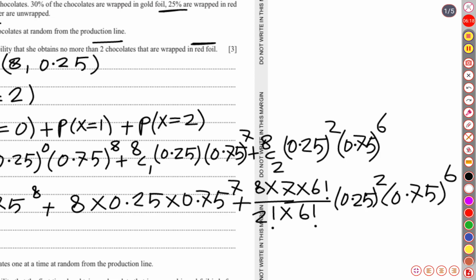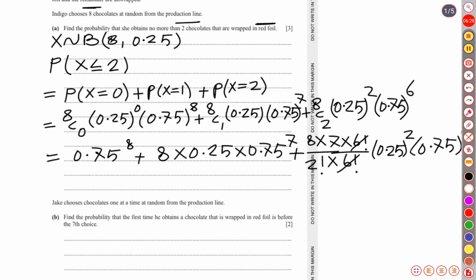If we simplify, this can be cancelled out and it is 28. So let us do the calculation using our calculator.